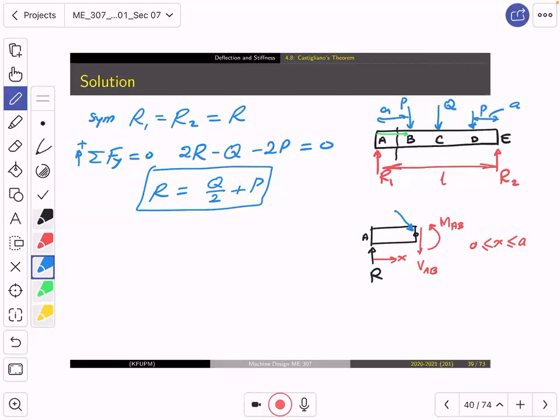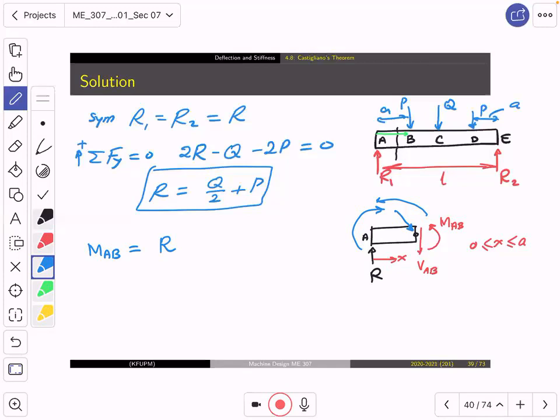So I need to take the moment at the end. By doing so, MAB is rotating this way and R is rotating this way. Both of them are opposite to each other, which means that MAB is equal to R multiplied by X.